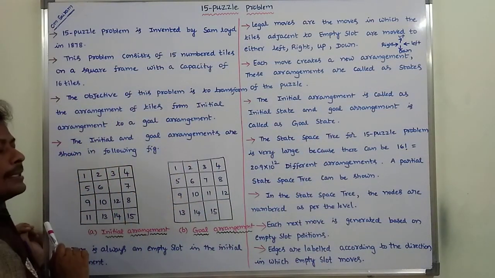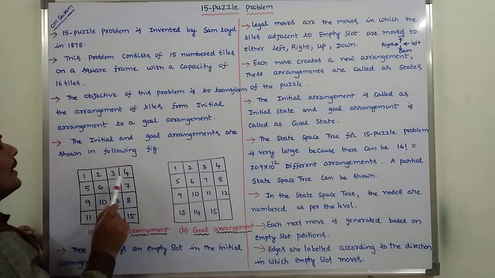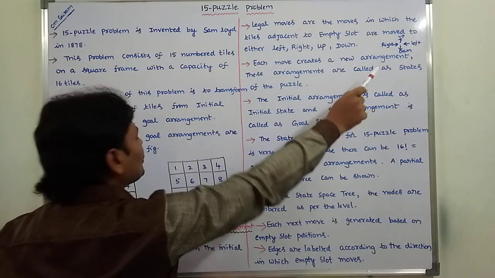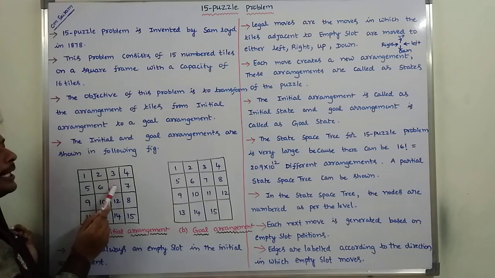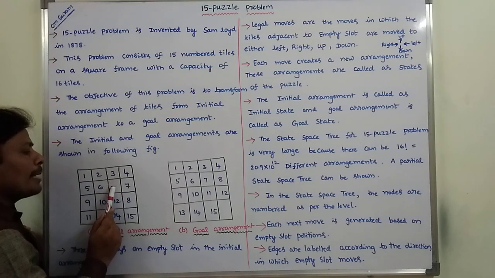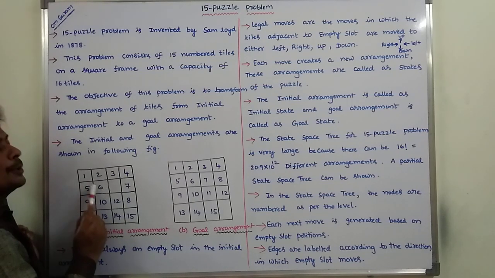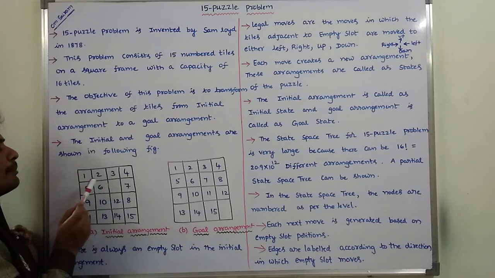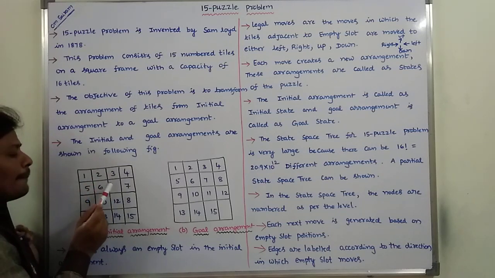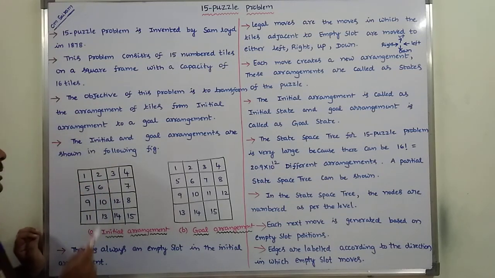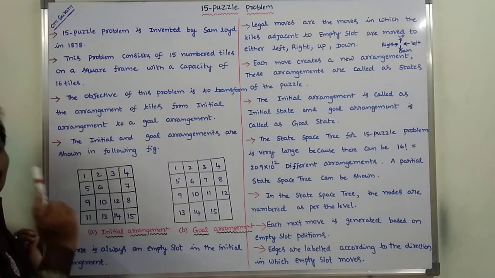This is the empty tile. The tiles adjacent to the empty tile, 3, 7, 12 and 6, can be moved. The 7 tile can be moved to the left direction, and now the empty tile can be moved to this position.